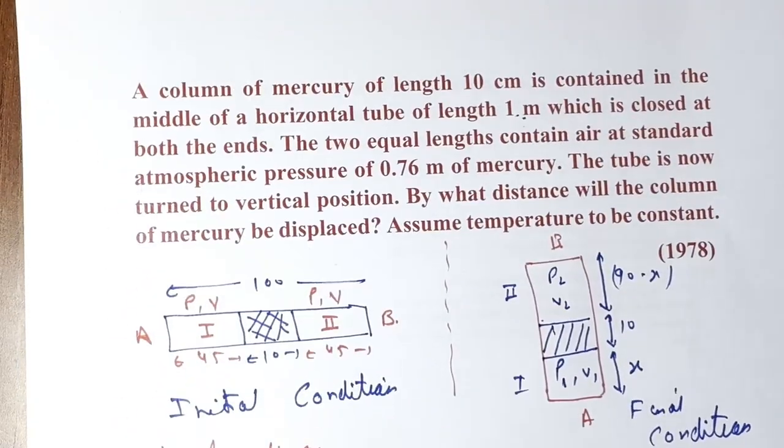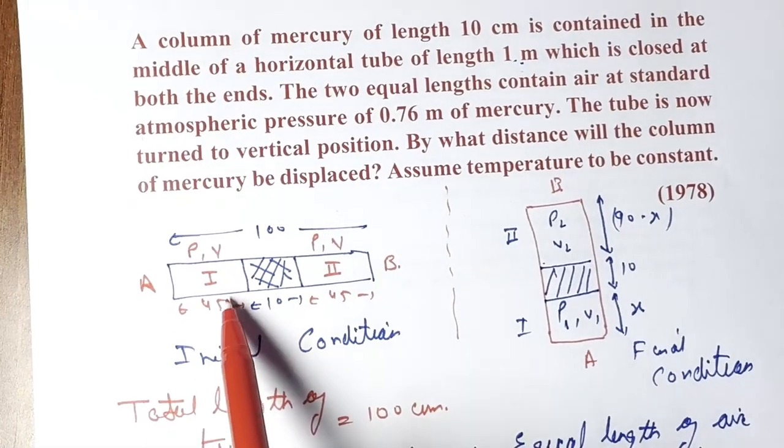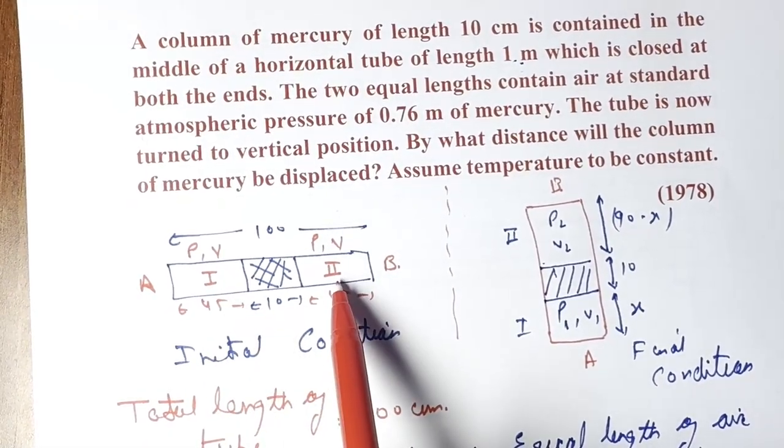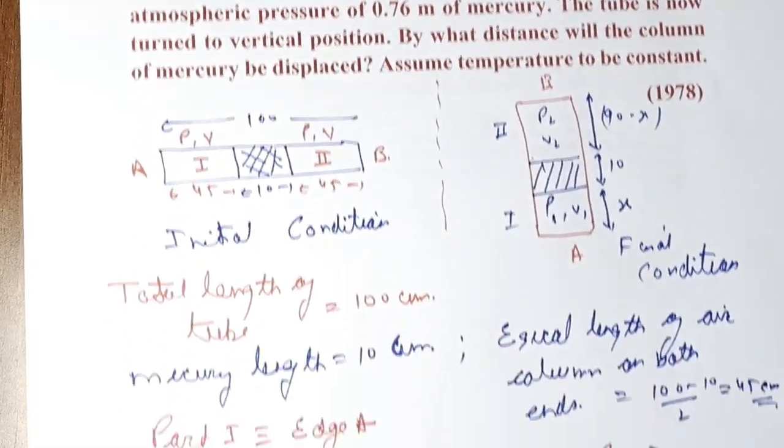It says that equal lengths contain air at the standard pressure. So the pressure at part 1 will be equal to pressure at part 2, and volume at part 1 will be equal to volume at part 2.